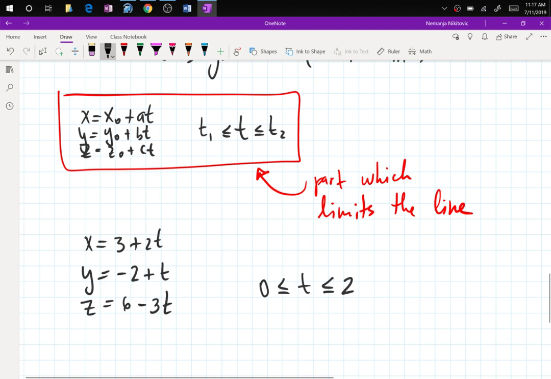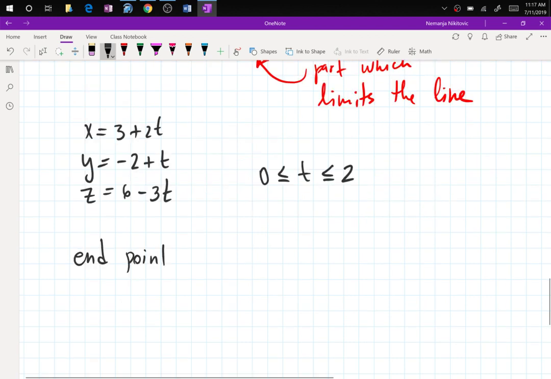So endpoints will be calculated by plugging in t equals 0. That point would be, when t is equal to 0, it kills all t's, so it's just 3, -2, 6. And then plug in t equals 2, that's 7, 0, 0.